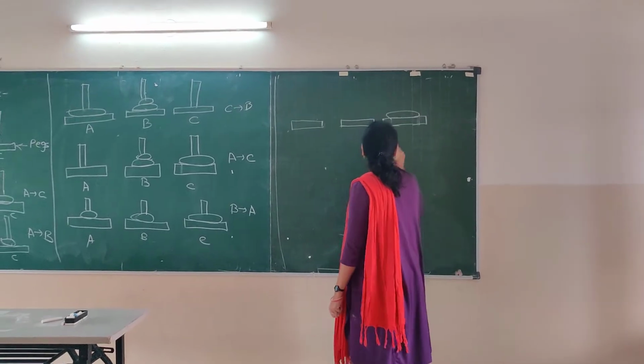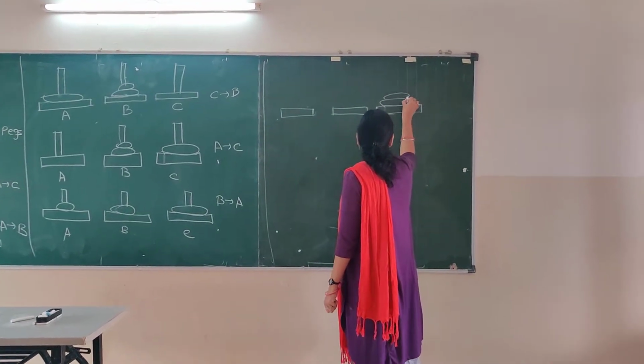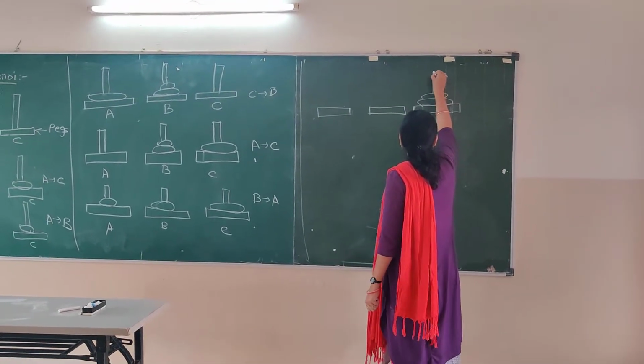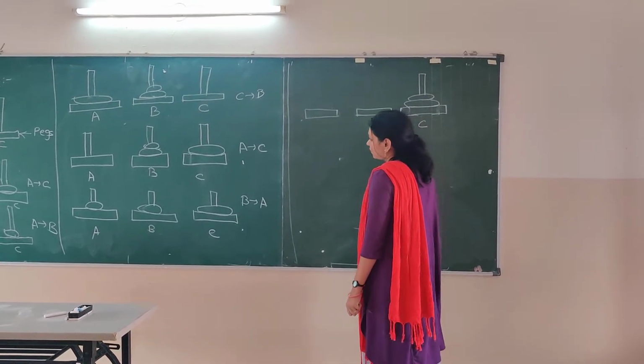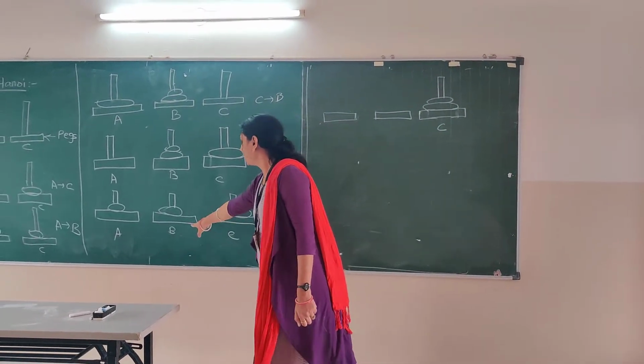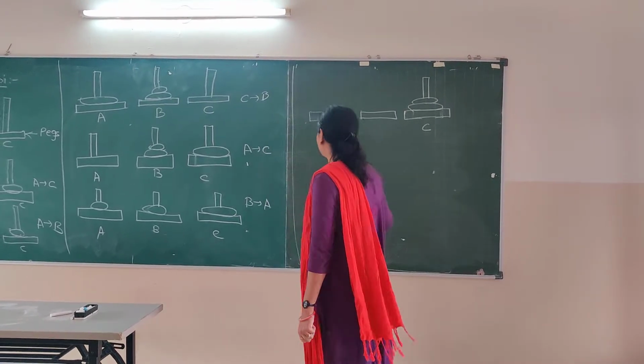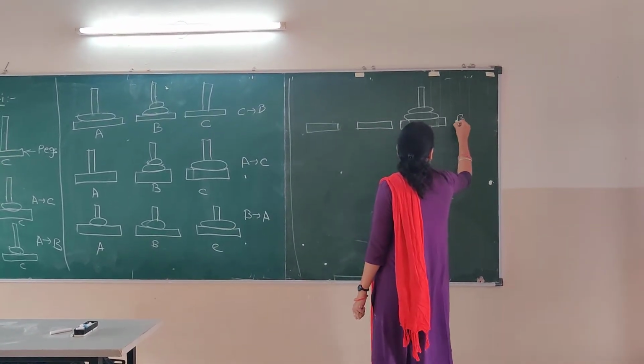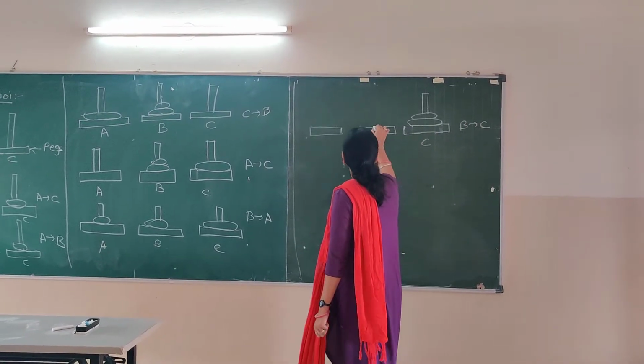Then I am moving the middle one. This middle I have shifted to C. So here my move becomes B to C.